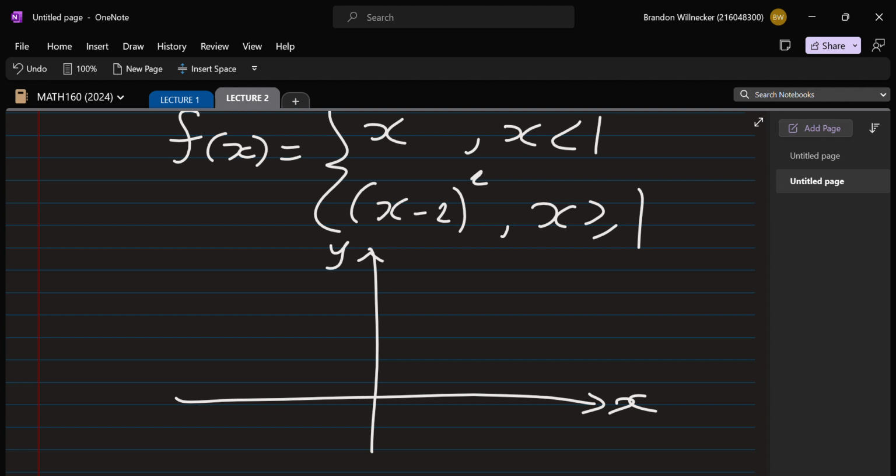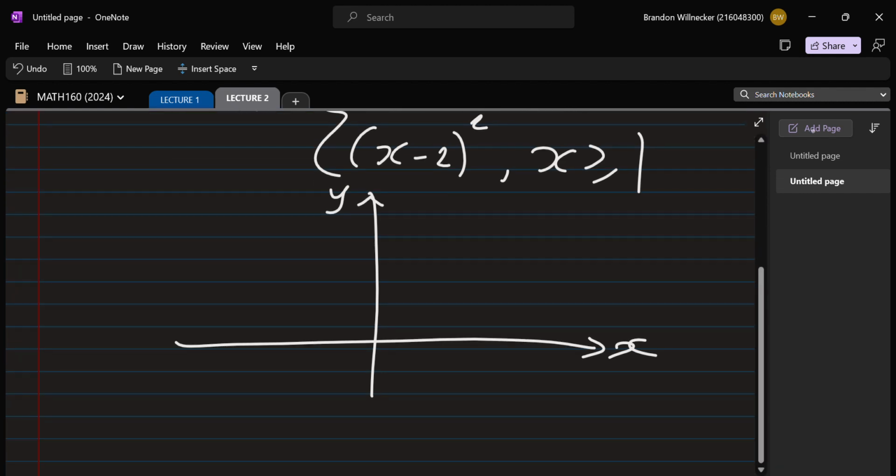The function x is straightforward. Whatever comes in, goes out. So that's going to look like this. Okay? So it will be from minus infinity all the way up to 1. We stop at 1, and we do not include 1. That is not part of the graph there, so that would be an open circle. Okay, so you can put an open circle there.